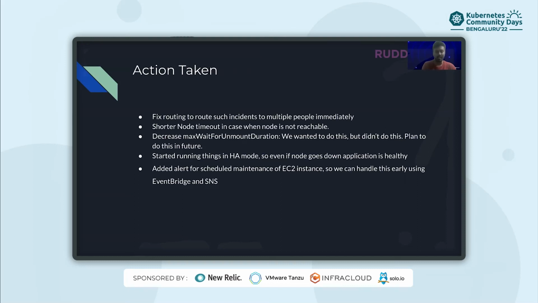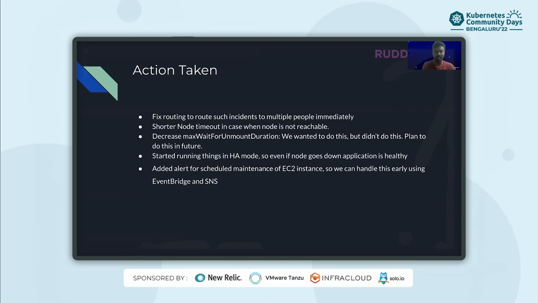So we started routing it to multiple people, and then we changed the node timeout setting, where we delete the node much earlier when the node is not reachable, because we observed that once the heartbeat stops coming, the node usually doesn't come back up all that often.